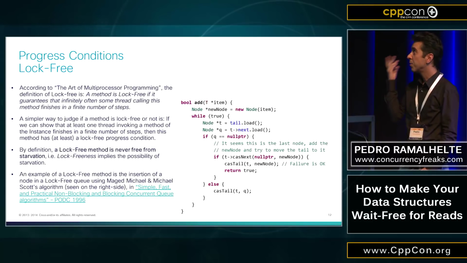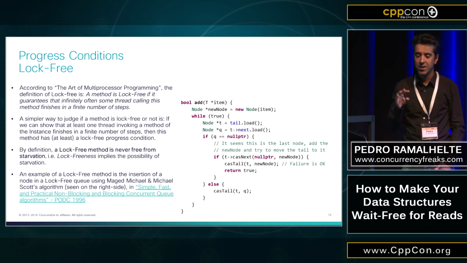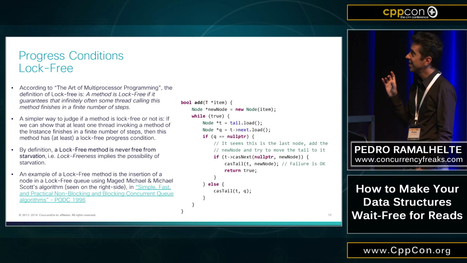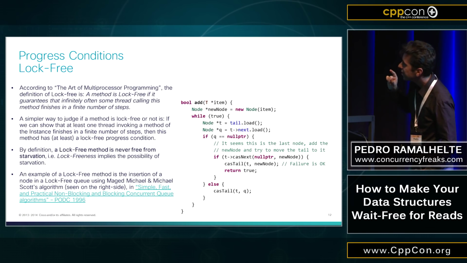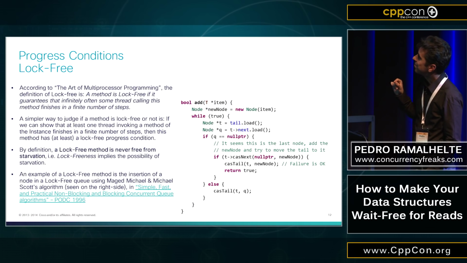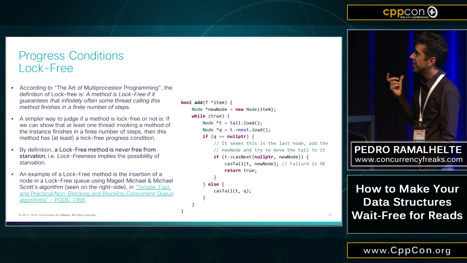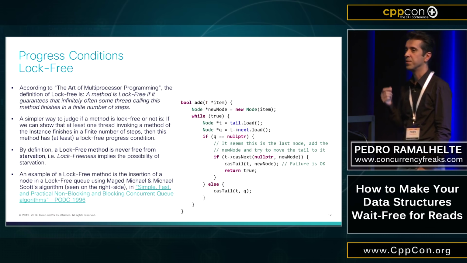And now you have lock-free. Now, the definition of lock-free is written there. So I'm going to read it because I don't know it by heart. A method is lock-free if it guarantees that infinitely often some thread calling this method finishes in a finite number of steps.